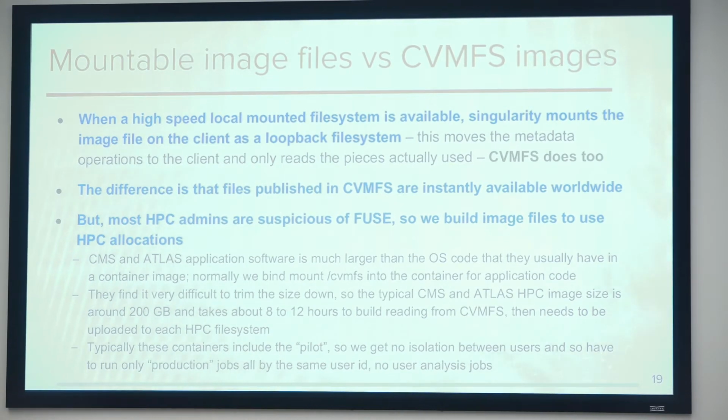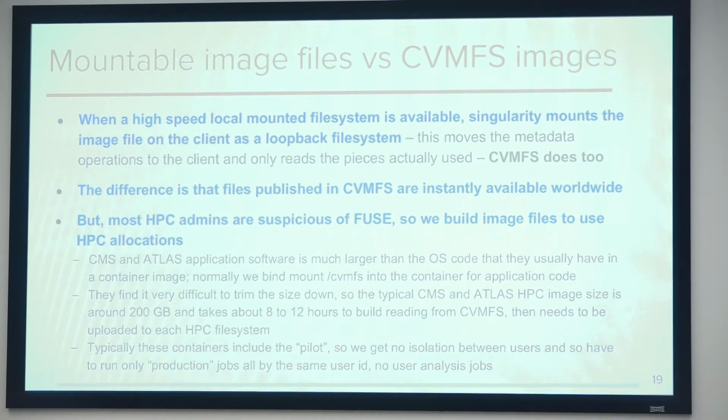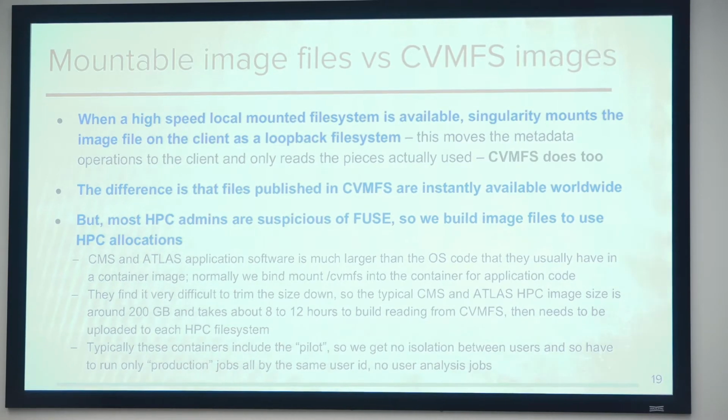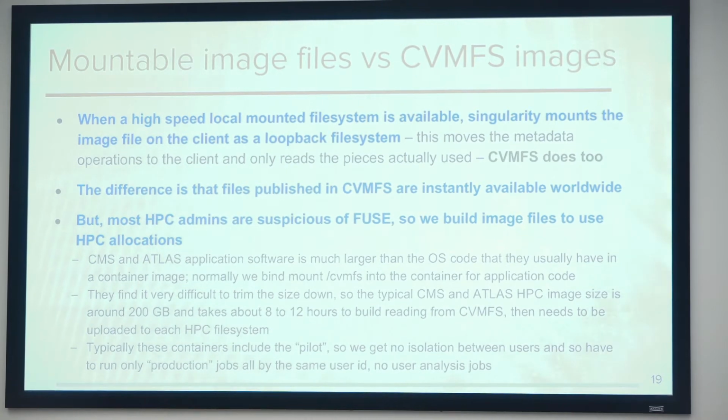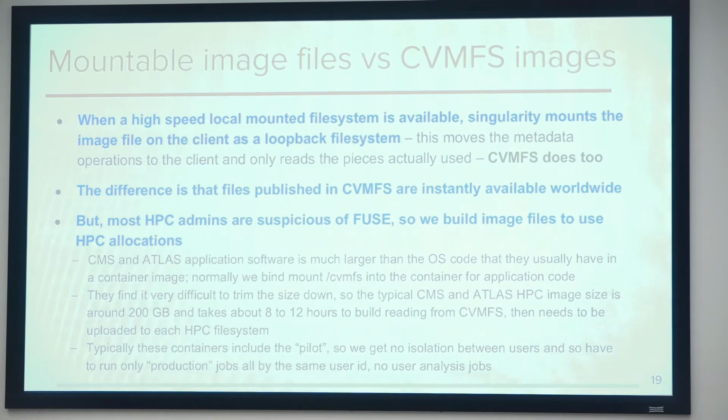So now I want to compare what happens on HPC systems versus with CVMFS. If you have a locally high-speed file system where you can mount a file, then what Singularity does is it mounts the whole file as a loopback file system on the client, and this moves the metadata operations away from the metadata server and the file system.